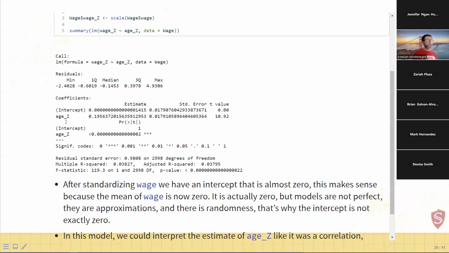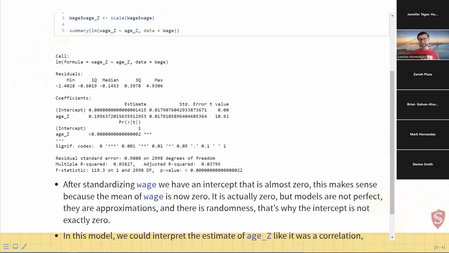And for example, let's imagine that you had another predictor. Something that is continuous, like number of kids.